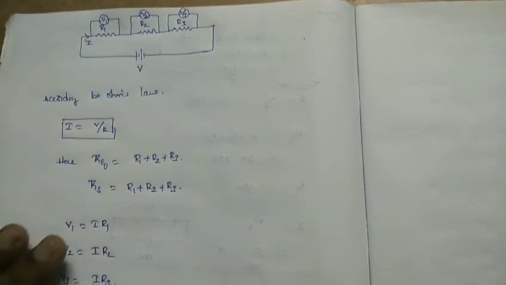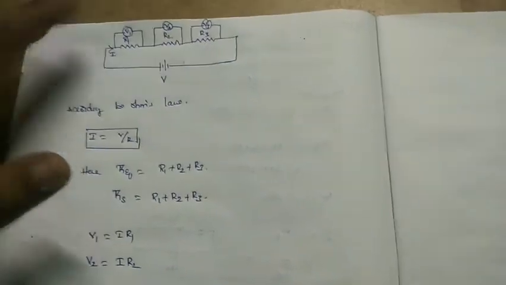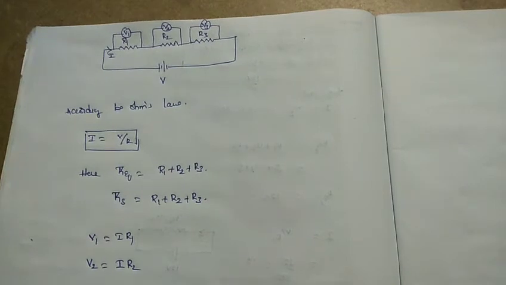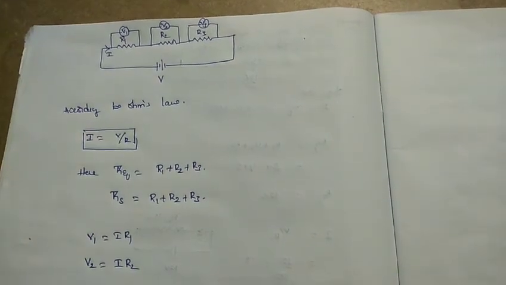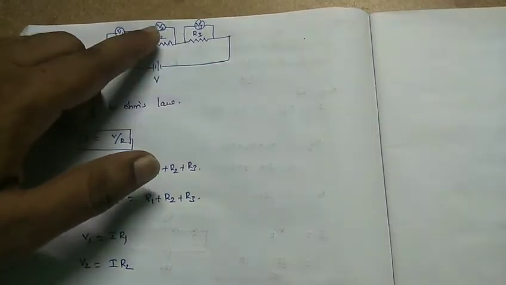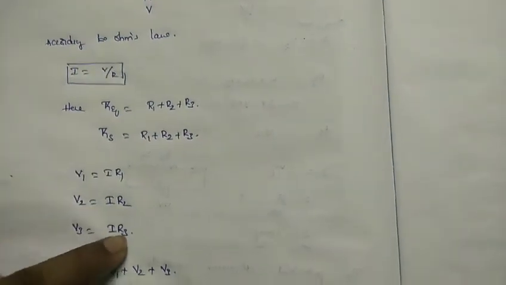So in this series combination, the common current is the same through the entire series combination, but the voltages across the resistances are different. This is very important. Remember, R1 has potential difference V1, R2 has V2, R3 has V3. That's why V1 is equal to IR1, V2 is equal to IR2, V3 is equal to IR3.